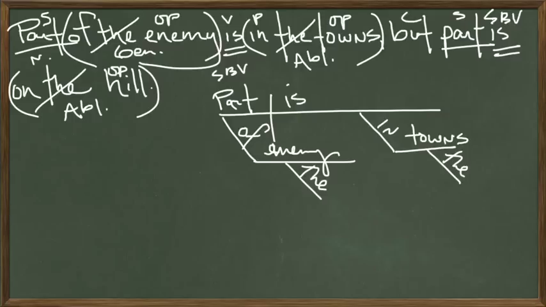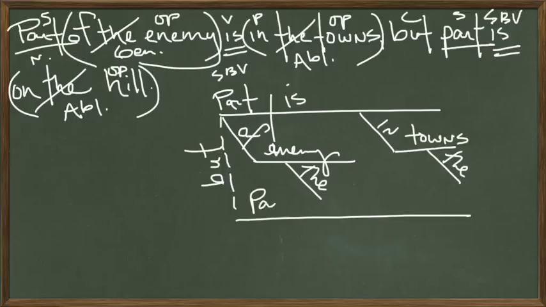But it says, and I found just the other day a new way of adding this conjunction on here. Let me simply stick it on the front of another diagram line, and we'll put the conjunction there. But what? But part of the enemy is on the hill.